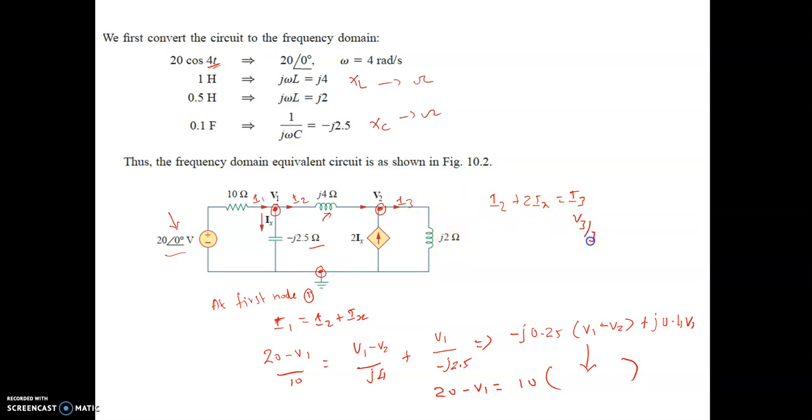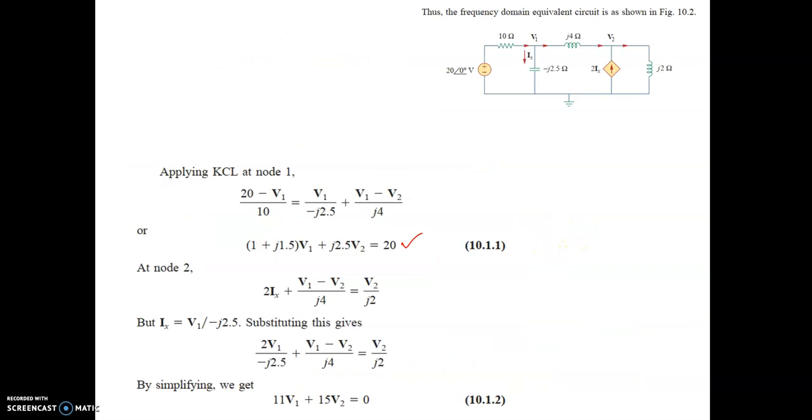Ix is given as V1 by minus J 2.5. This should be substituted here and simplified. You will get the second equation, that is 11 V1 plus 15 V2.